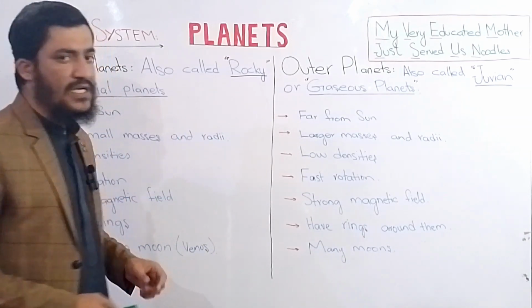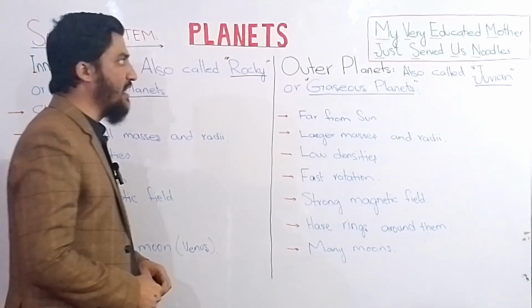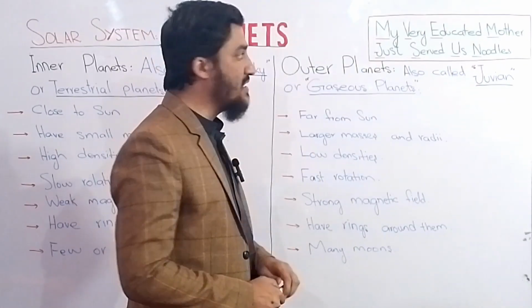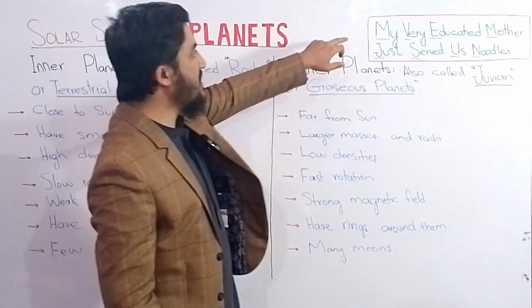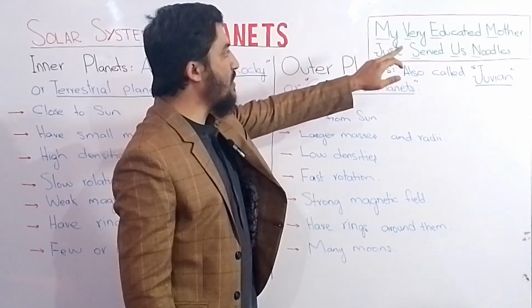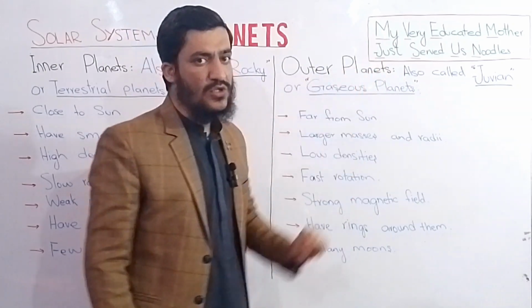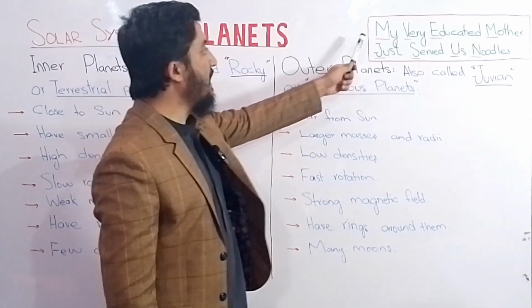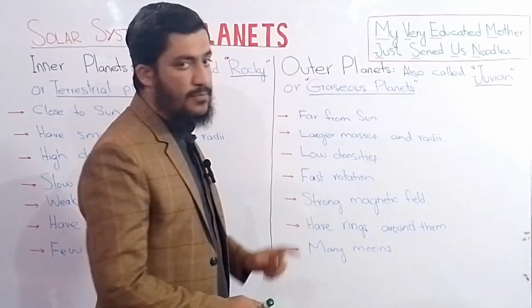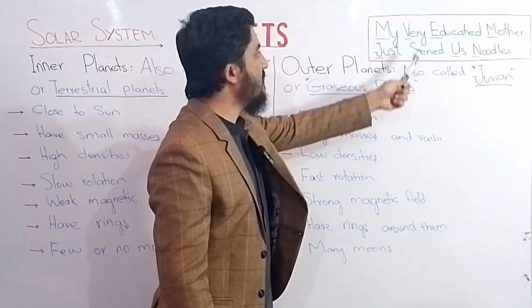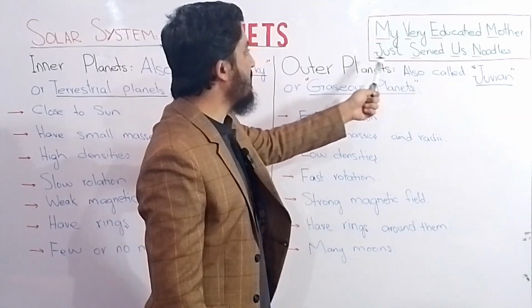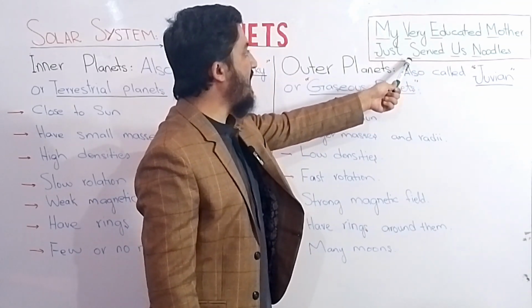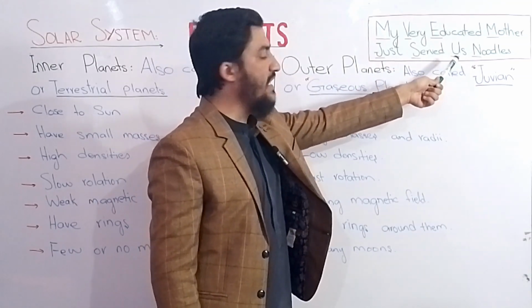There's a small and very easy mnemonic to memorize the list and sequence of the planets. You can see here: My Very Educated Mother Just Served Us Noodles. M denotes Mercury, V Venus, E Earth, M Mars, then Jupiter, then Saturn, Uranus, and then Neptune.